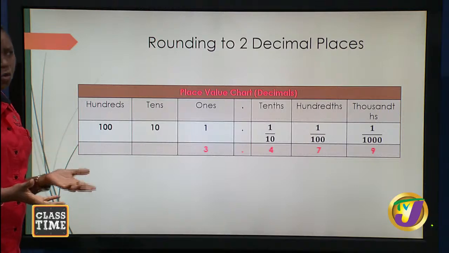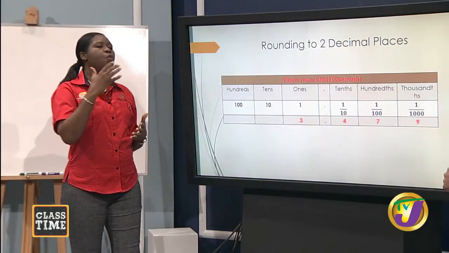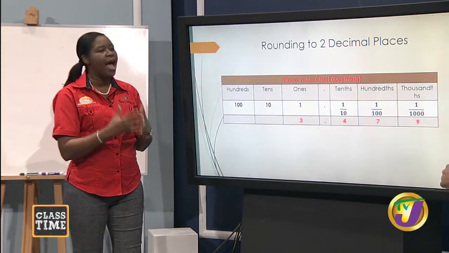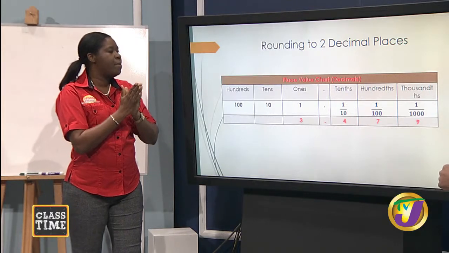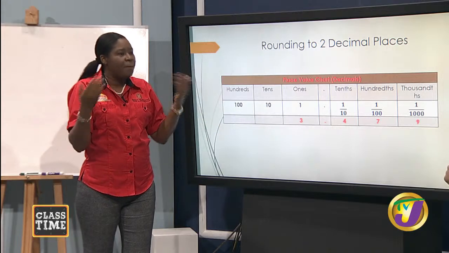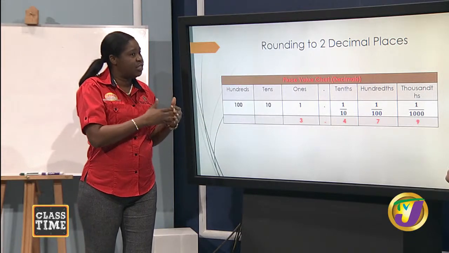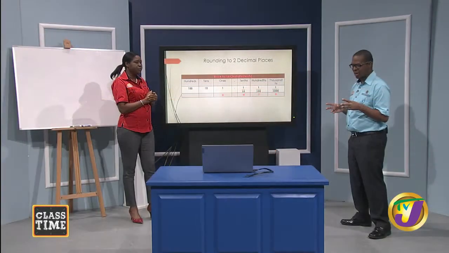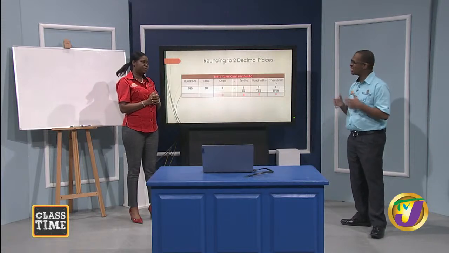Now, when we round numbers up or down, we have to maintain the value, because we don't just throw out numbers. Remember, the place value chart is important in maintaining the value of numbers. I recall in math class they said rounding off is an estimation.